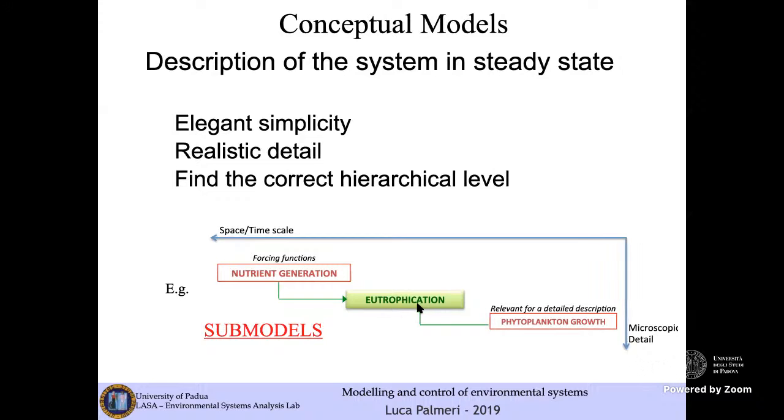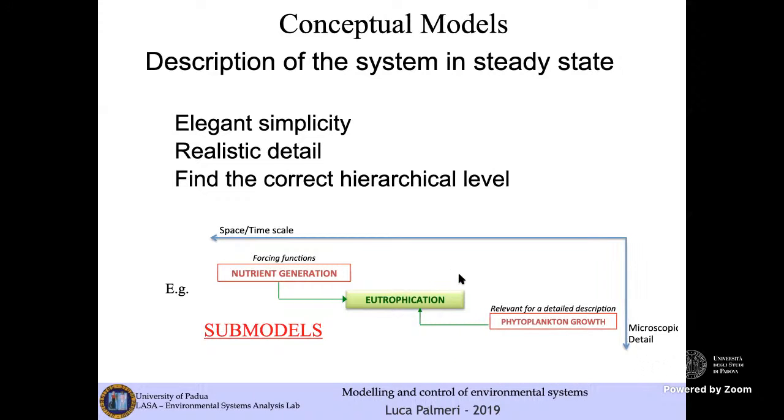The point is that if we want to make a consistent description, we shall also include the upper hierarchical level and lower hierarchical level. So, for example, in terms of space and time scale, we may increase the spatial or timing resolution, or we may as well decrease the microscopic detail of our description.